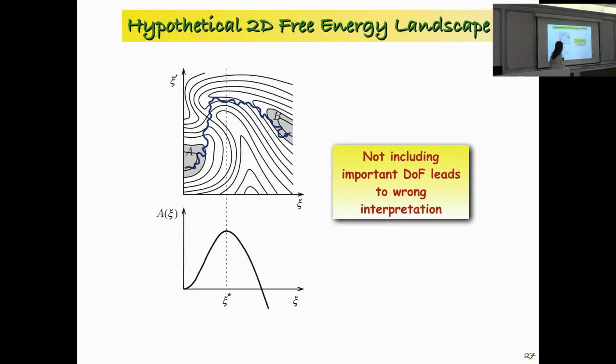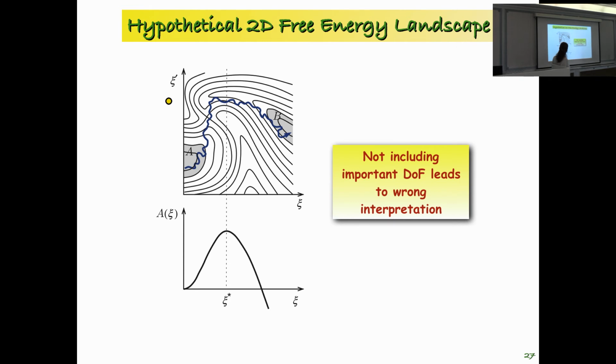This is the case. If you have this system and then you try to use only the one coordinate, so only the xi and not the xi prime, then you will find the transition state in the wrong position. So you will find the transition state here, while the transition state is there, that is almost overlapping with the basin of attraction of the minimum A. So just using the xi, you will not find it, or you will not find it correctly.